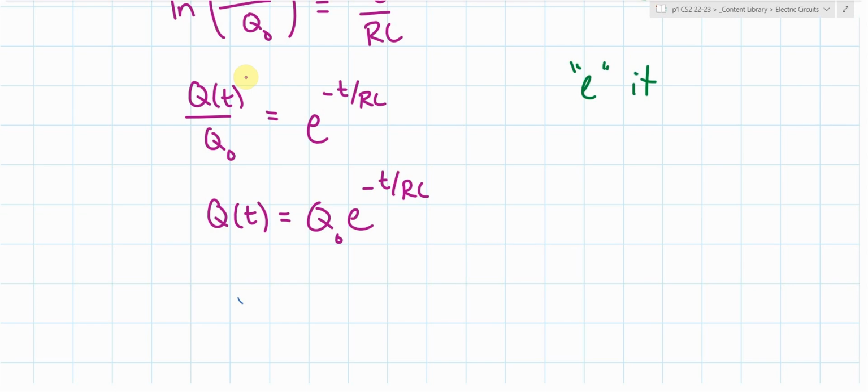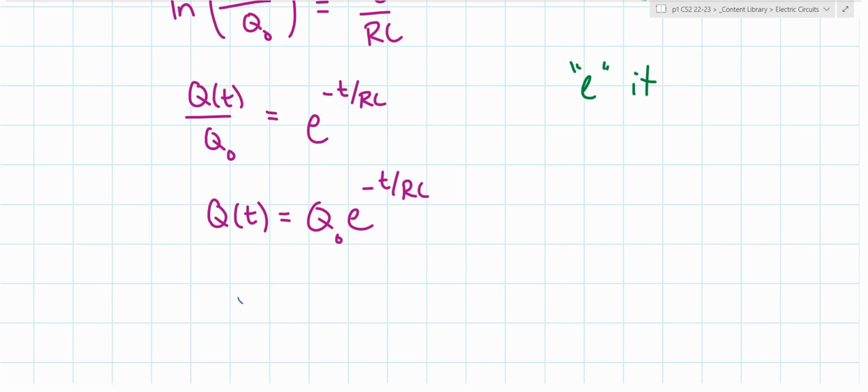Notice that it is an e to a negative power. So this is an exponential decay function where you start with q naught amount of charge and it exponentially decays from there.